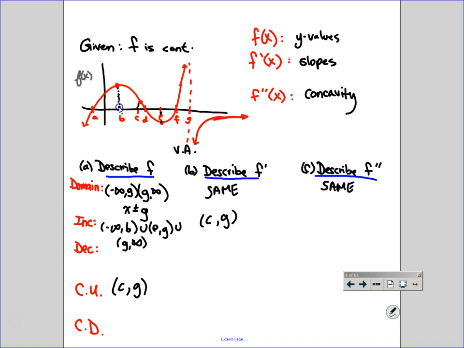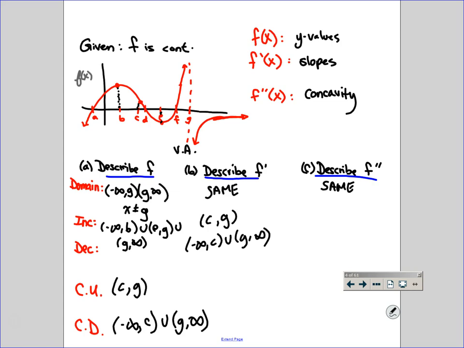So what can we answer right away about where f prime is decreasing? How about everywhere else? So negative infinity to C and then G to infinity. We can also answer that with when f is concave down. Remember, concave down, yes, it's like a frowny face on the original graph, but it's also when f prime is decreasing.